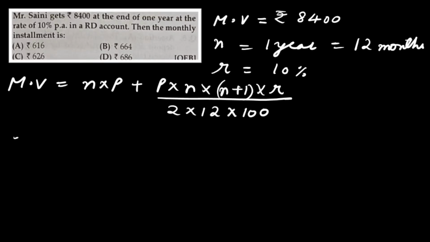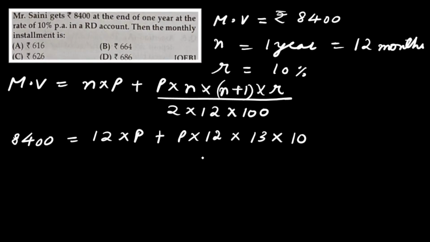So MV is 8,400. Whatever is given to us, let's substitute the values. 8,400 is the value of maturity value. N is 12 months here. P we have to find, so let P be P only. If you want, you can assume X also. So I'm just writing P's value as P. So 12 into P plus P into 12, N is 12 months, into 12 plus 1, 13.